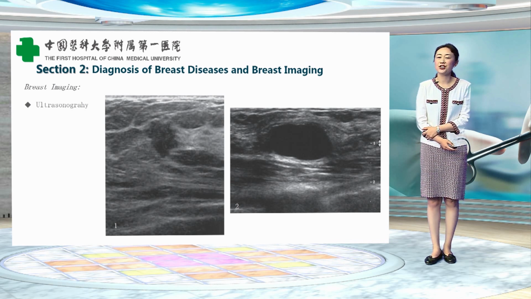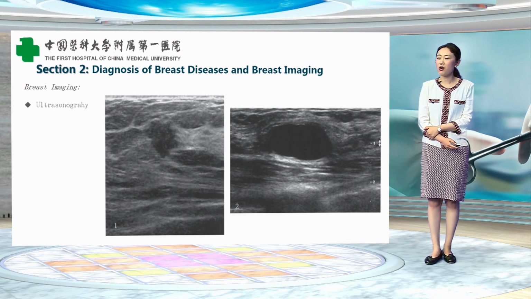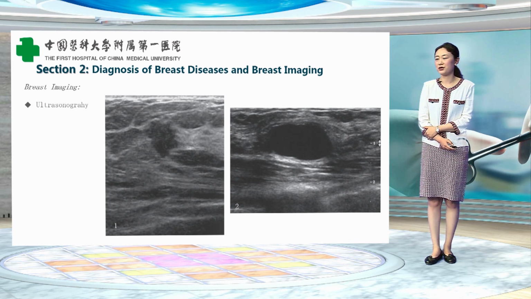Figure 1 showed the image of a breast cancer, a very small lesion. The mass is solid, contains internal echoes, and displays an irregular border. Most malignant lesions are taller than they are wide. Figure 2 showed an ultrasound image of a simple cyst. By ultrasound, the cyst is round with smooth borders.